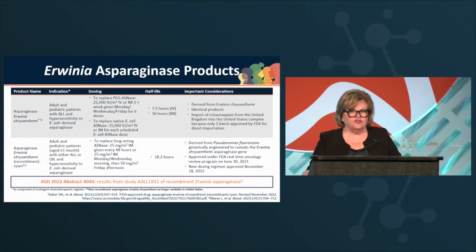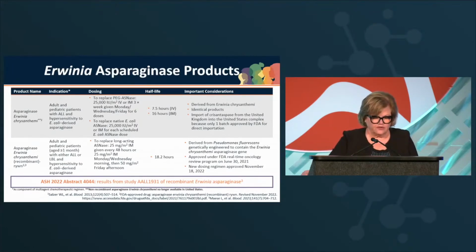So besides the 2 products of PEG asparaginase, we know that patients may have to be taken off of PEG asparaginase and then go onto an Erwinia product. And now we know that our previous Erwinia product was very difficult to obtain.